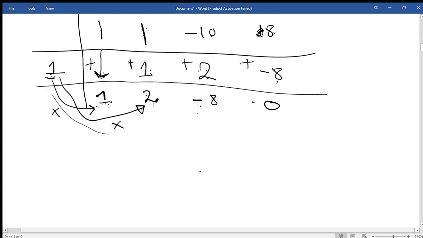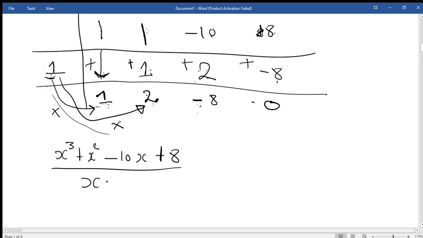When we divide the polynomial x power 3 plus x squared minus 10x plus 8 by x minus 1 using synthetic division, the answers come from these values. So the coefficients are 1, 2, and negative 8.